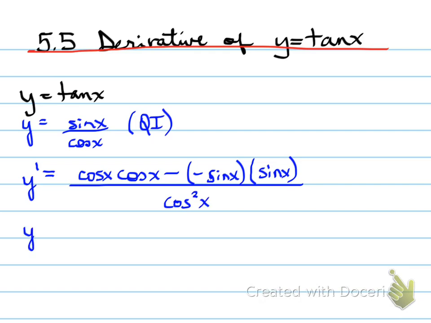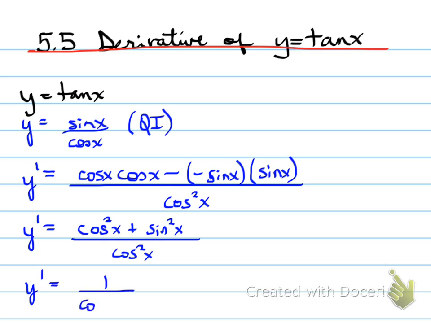Well, we need to simplify the numerator. We get cos squared x plus sine squared x all over cos squared x. Well, if you remember what identity it is in the numerator, you'll notice that the numerator becomes 1. 1 over cos squared x because of the Pythagorean identity.